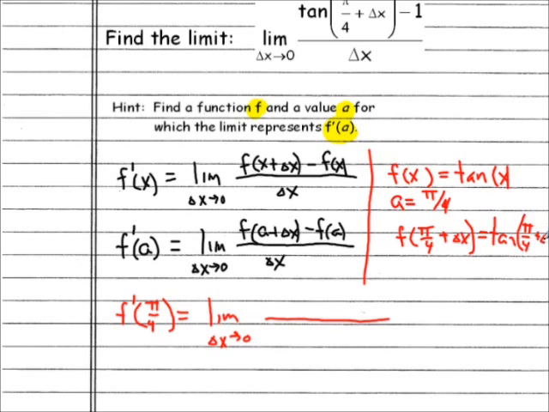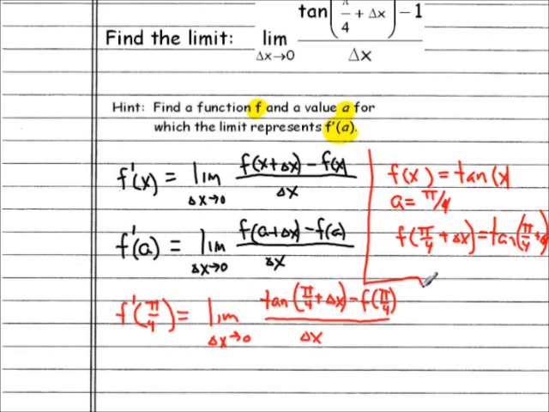plus delta x. Well, it's awfully close in there, which is exactly what we have in this position. We have the tangent of pi over 4 plus delta x. And then we have minus f of a. Well, that's pi over 4, so it's f of pi over 4, all over delta x.